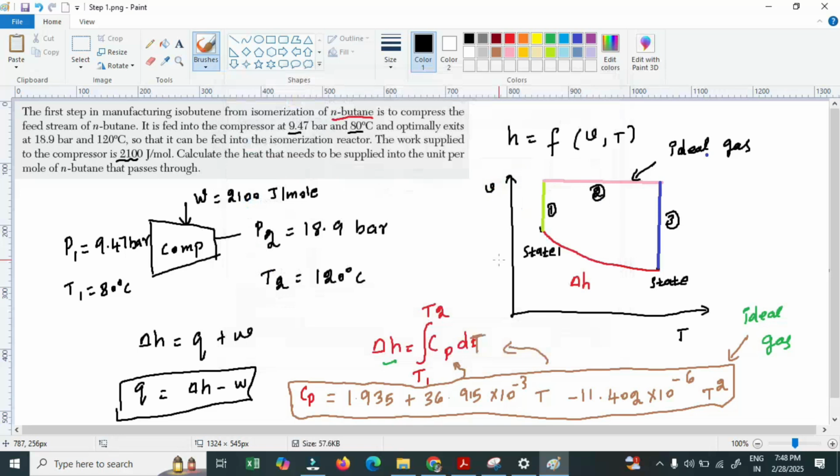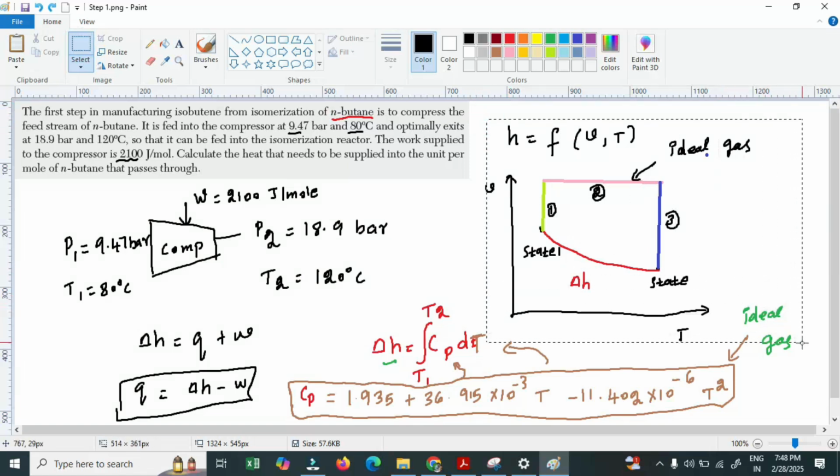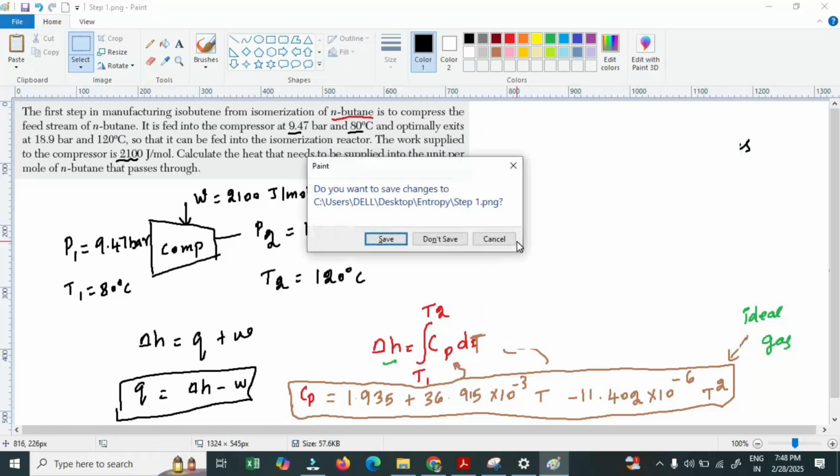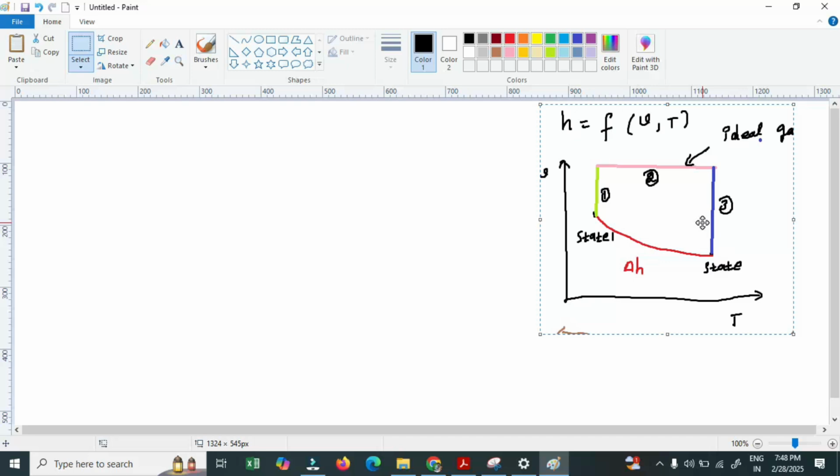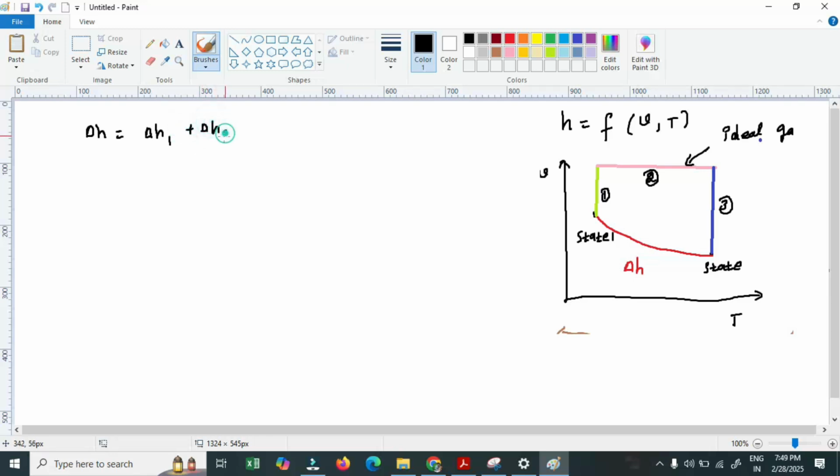Since I took enthalpy as a function of V and T, I can write dH, the change in enthalpy in differential form, is equal to dou H by dou V at constant temperature dV plus dou H divided by dou T at constant volume dT.